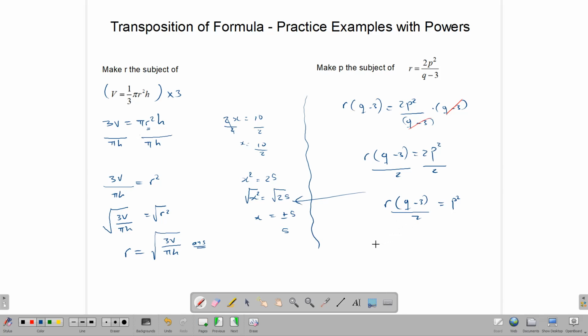So the square root of r bracket q minus 3 over 2 is equal to the square root of p squared, which gives us finally p is equal to the square root of r times q minus 3 over 2, and all of this is under the root sign.